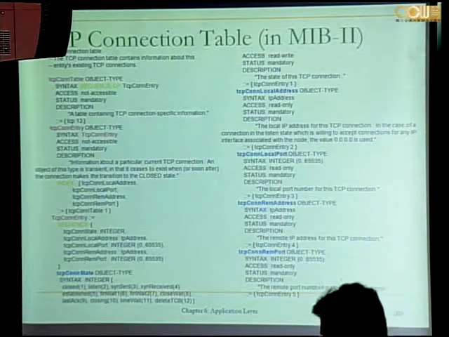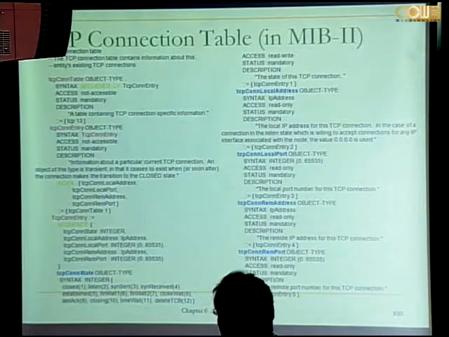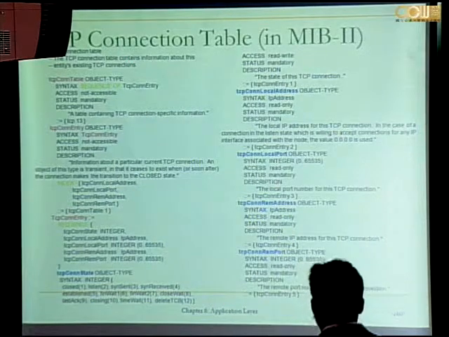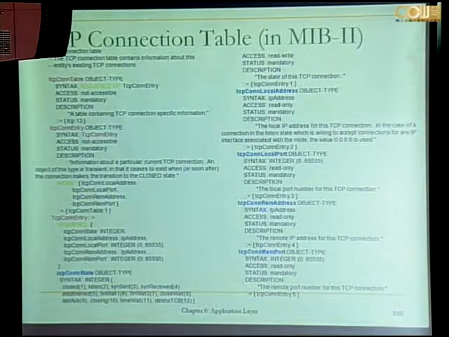And you could use ASN.1 syntax to describe its schema, and it's described in this way, where you have the TCP connection table here, and it says that it's a sequence of TCP connection entry. So it's an array of TCP connection entry. And here's the definition of TCP connection entry.